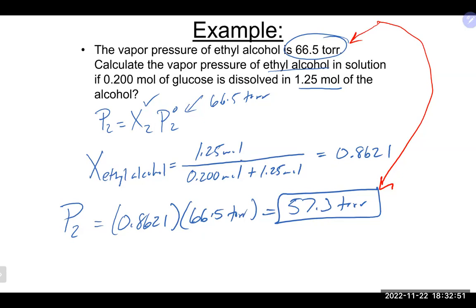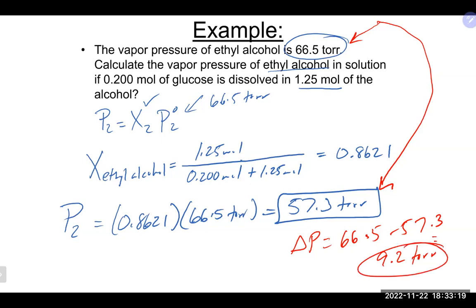The result is we have fewer gas molecules over the liquid, and the pressure comes down, which again is the lowering part of it. And the change in pressure would be 66.5 minus 57.3. It drops by about 9.2 torr by dissolving 0.2 moles of glucose in there.